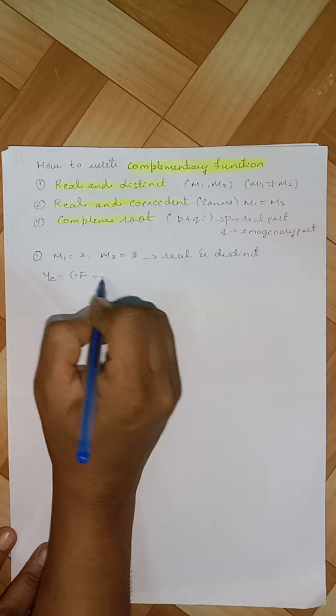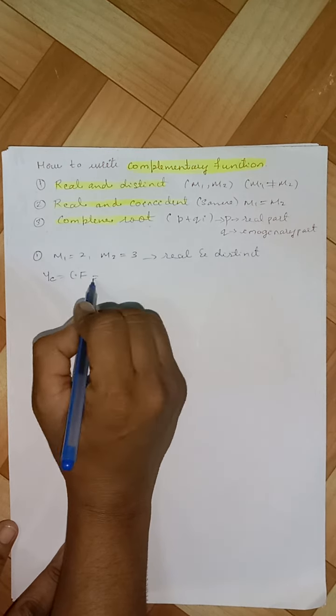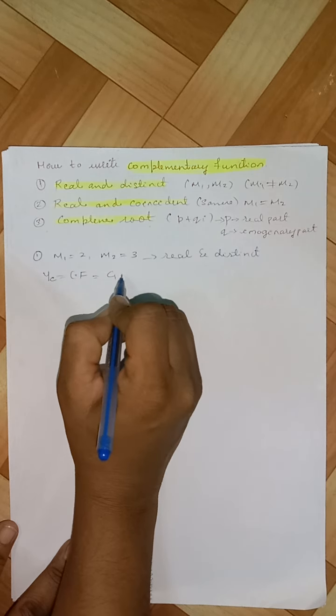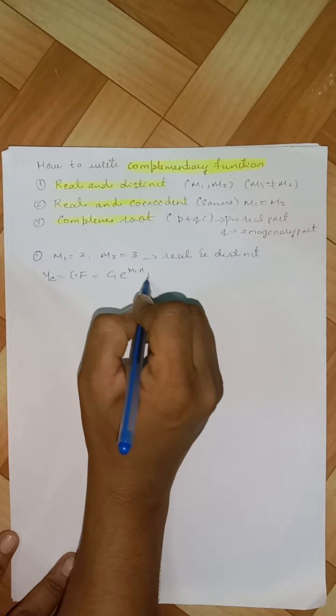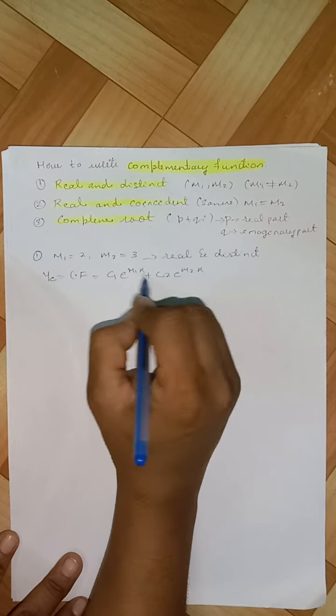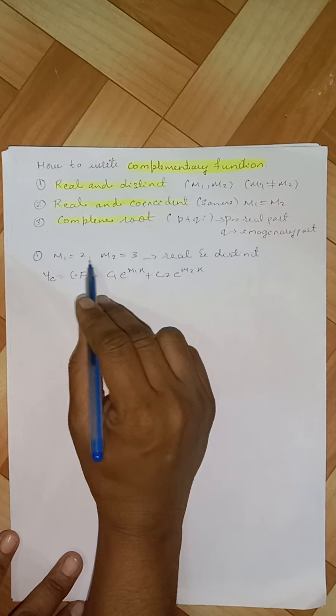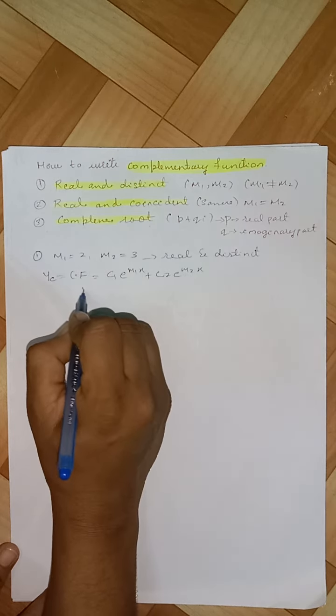So for this we write the solution, that is complementary function, as c1 into e raised to m1x plus c2 e raised to m2x. So substitute the value of m1 as 2 and m2 equals to 3. So this will give you the solution.